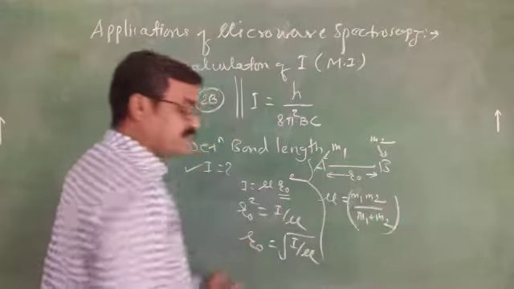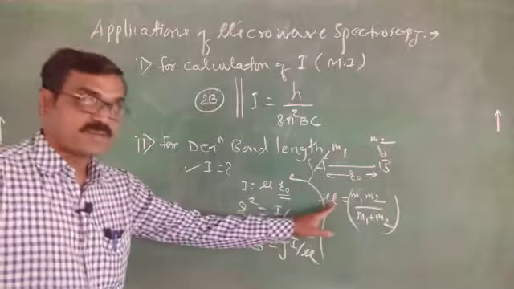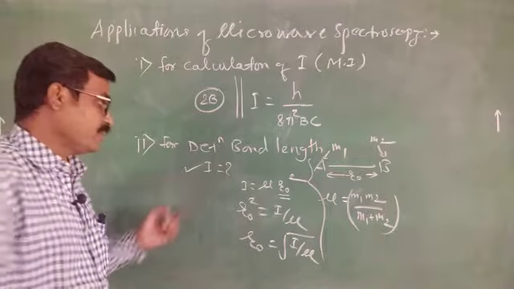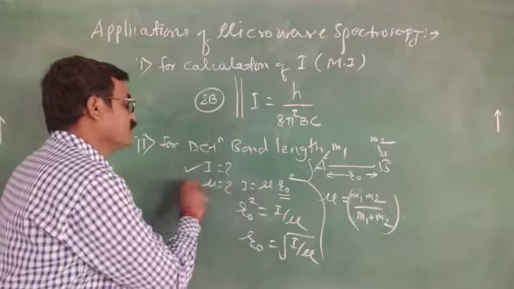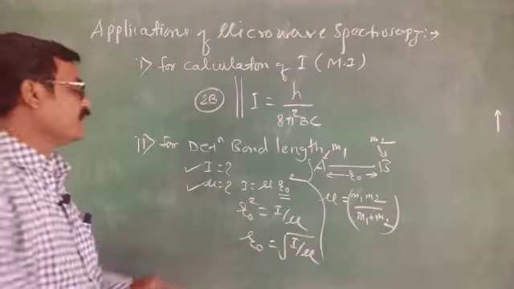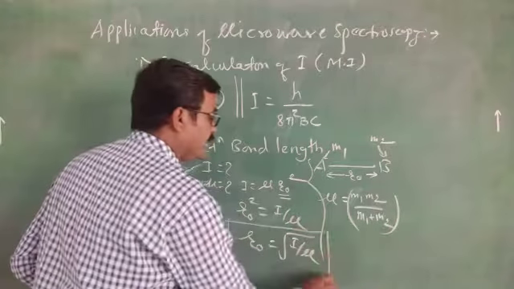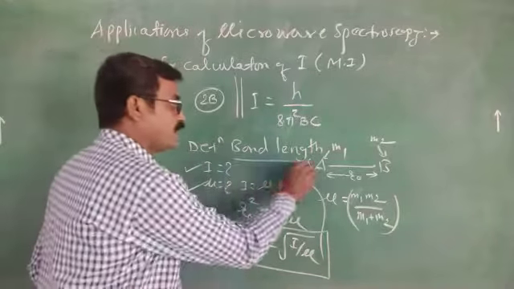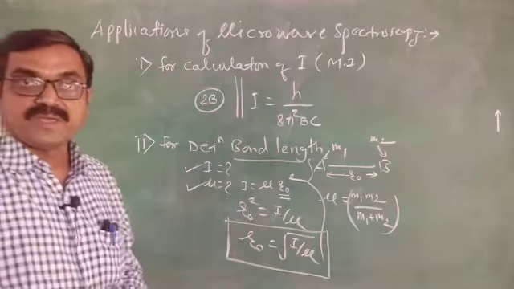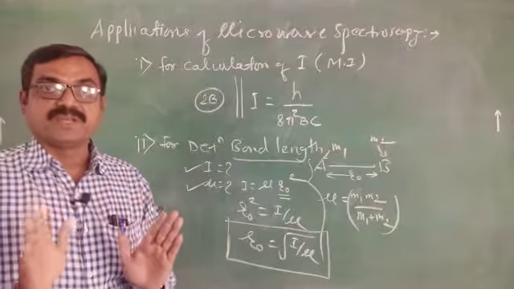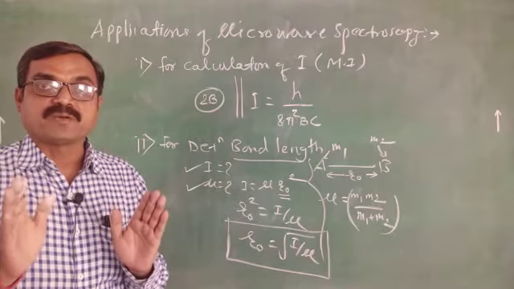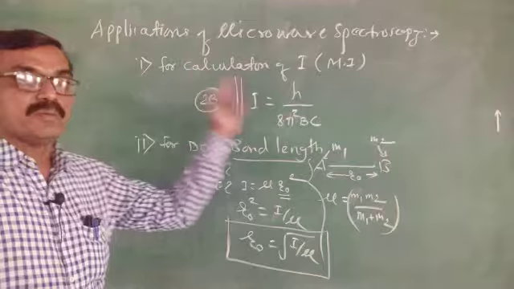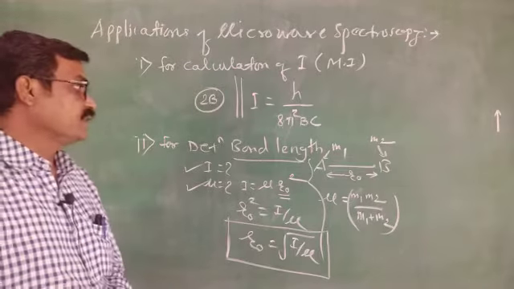Means from this you also know the reduced mass. If you know the moment of inertia and the reduced mass, then we are able to find out the internuclear distance between these two atoms, and it is called the bond length. In this way, this is a very important application. Now, applications of microwave spectra: to determine the moment of inertia as well as the bond length.